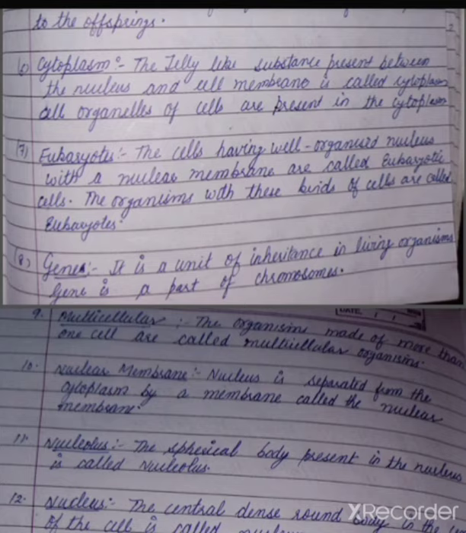So it is a collection of different tissues working together to perform a particular function in our body, like stomach, eyes, kidneys, lungs, heart. All are organs present in our body, and all have different functions in our body.